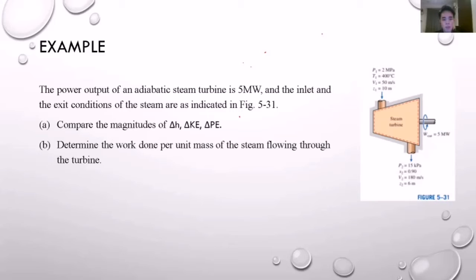B, determine the work done per unit mass of the steam flowing through the turbine. We can see that the inlet and exit conditions of a steam turbine and its power output are given. We assume that this is a steady flow process since there is no change with time at any point. The system is adiabatic and thus there is no heat transfer.